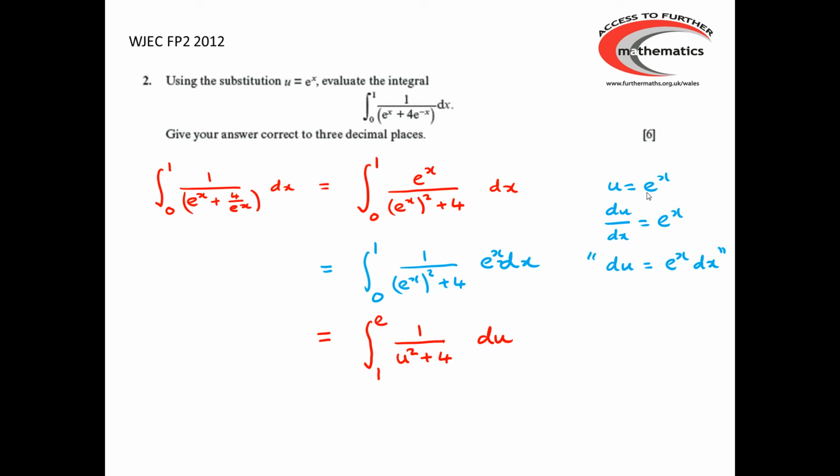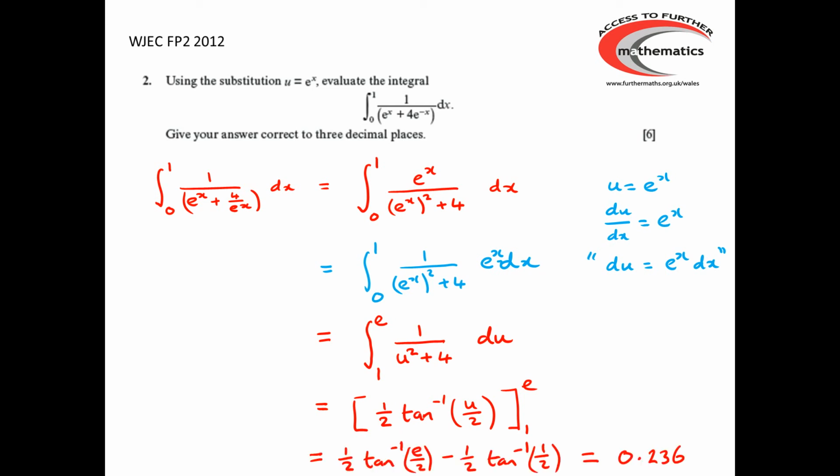Once we've done the substitution, we've obtained the integral between 1 and e of 1 over u squared plus 4. This is a standard integral, so that is going to be a half tan to the minus 1 of u over 2 between 1 and e. Remembering that we must be in radian mode on our calculator, we can evaluate that and obtain the answer of 0.236.